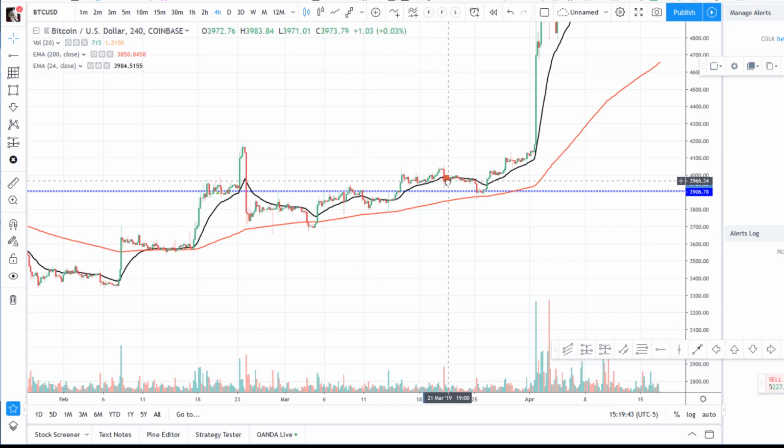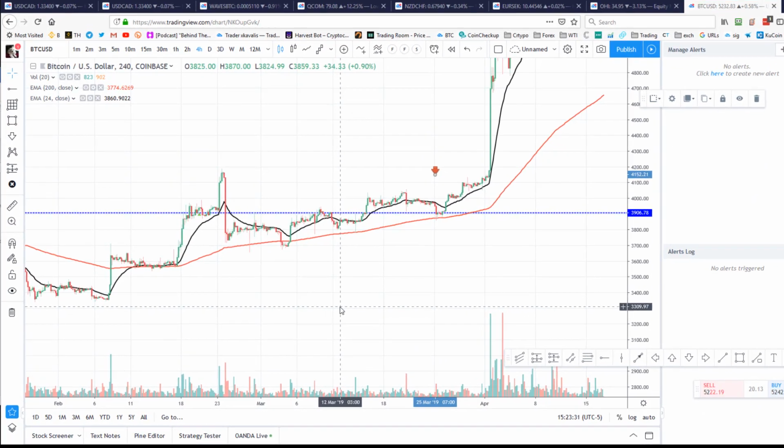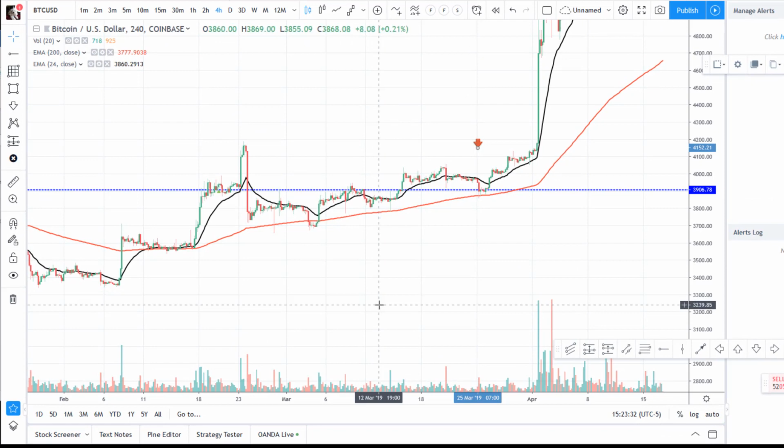So it was supported here, and then ultimately the 200 was used, that's a very clear bounce off the 200 EMA there. And then here, it was used as additional support, this same price level, this same cross. Using an additional parameter like this will help you further ground your trade decisions.